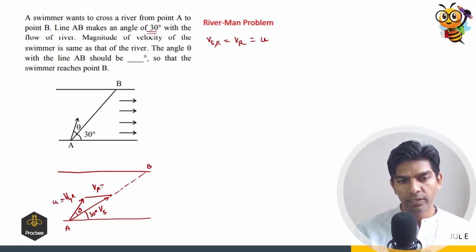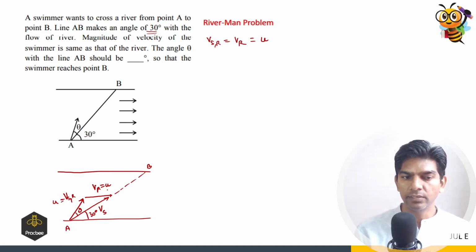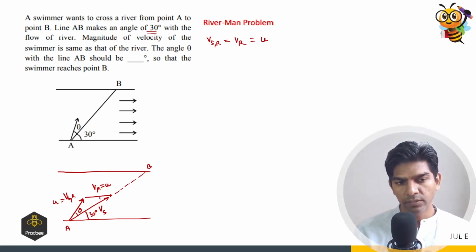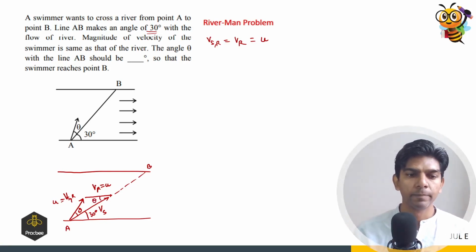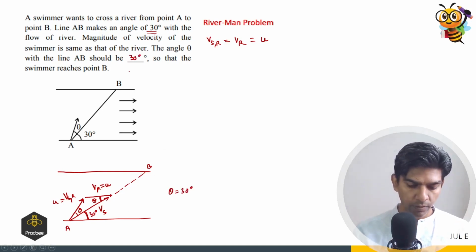This is u, and this is also u. And since Vsr is the same as Vr, we can say this angle is also theta, right? And theta and 30 are alternate angles. So theta is nothing but 30 degrees. So the answer will be 30 degrees.